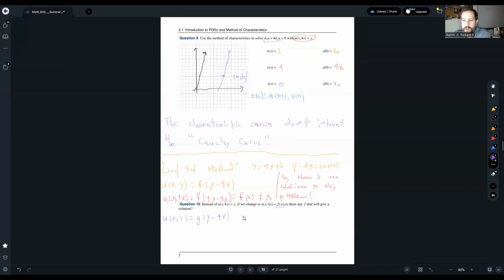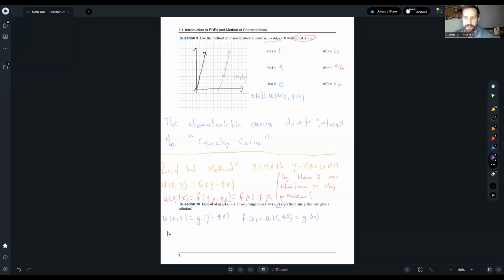If I satisfy the Cauchy condition, then f of x needs to equal u of x, 4x, but u of x, 4x is just equal to g of 0. So in other words, if I want an equation for which there is a solution, f of x needs to be equal to g of 0. In other words, f of x needs to be constant.